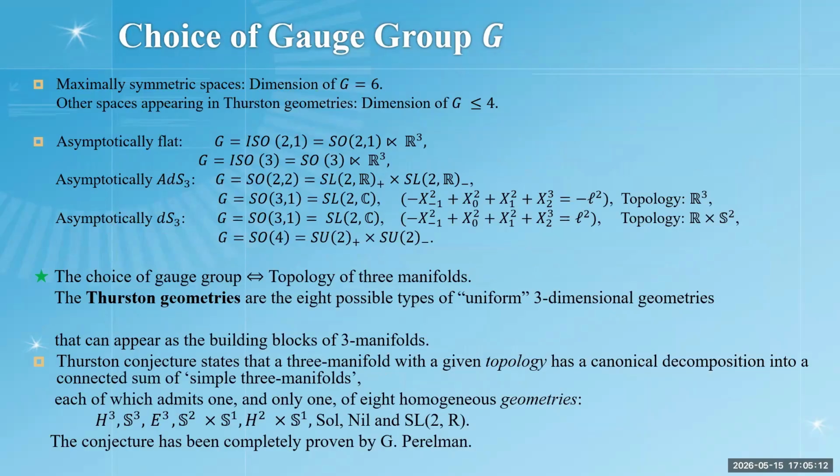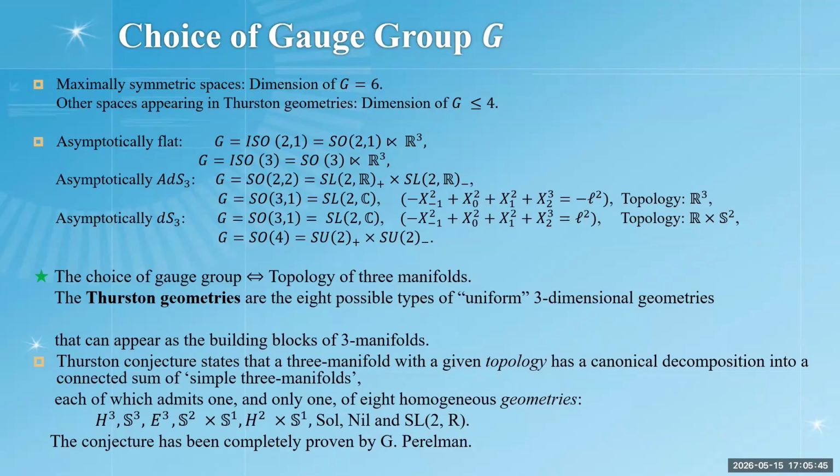So in this case, the choice of gauge group in Chern-Simons gauge theory is related to the topology of the 3-manifold. Then the question is, can we have some classification of 3-manifolds? Yes, that is the Thurston conjecture, and the Thurston conjecture was proved by Perelman. According to the Thurston conjecture, a 3-manifold with given topology has a canonical decomposition into a connected sum of simple 3-manifolds.